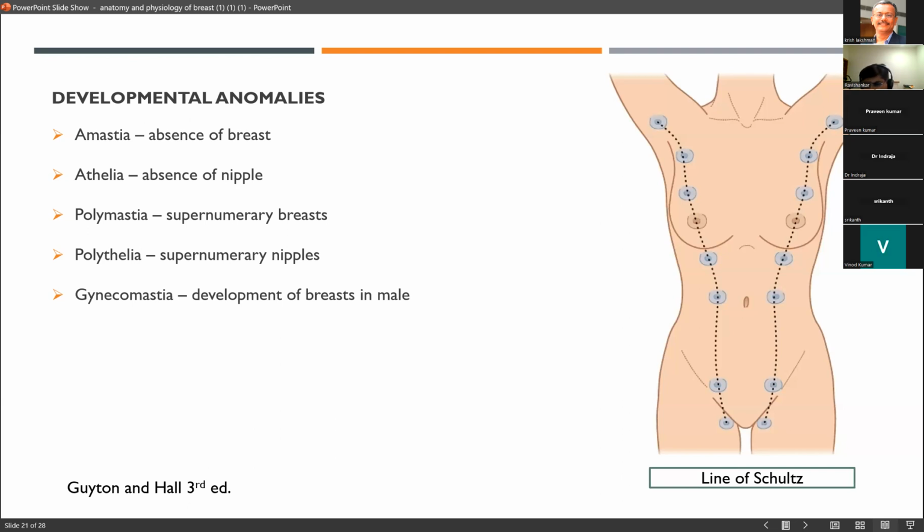In the luteal phase, it is controlled by the progesterone. It prepares the breast for possible pregnancy. Then when the breast realizes that pregnancy has not happened, it starts involuting, just before the onset of menstruation.